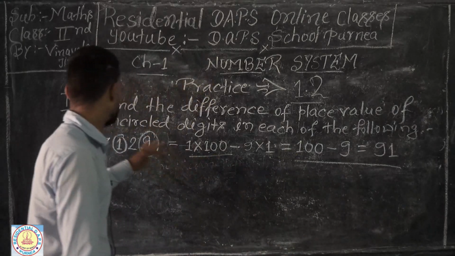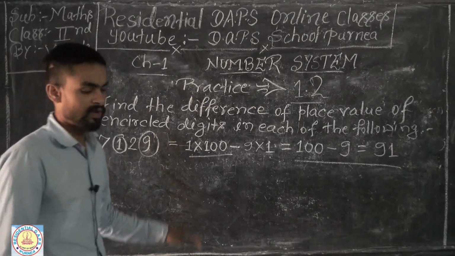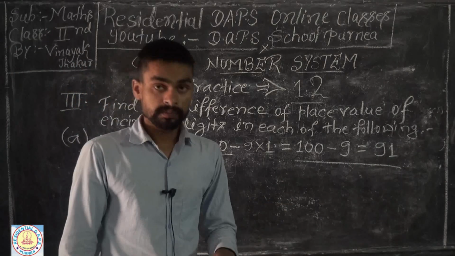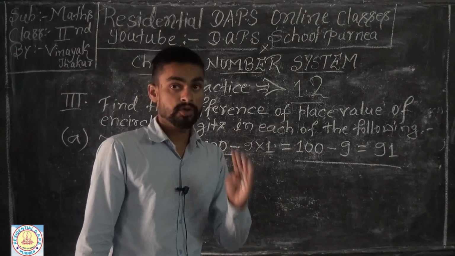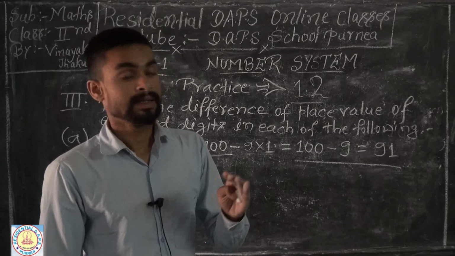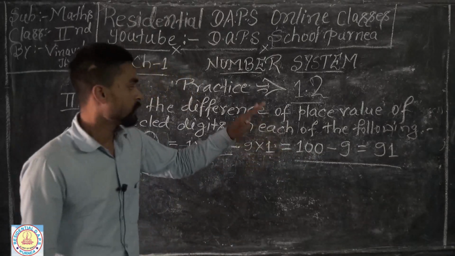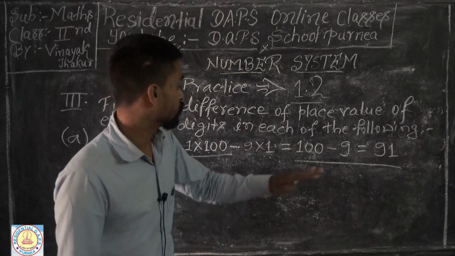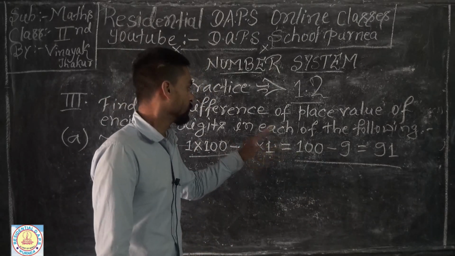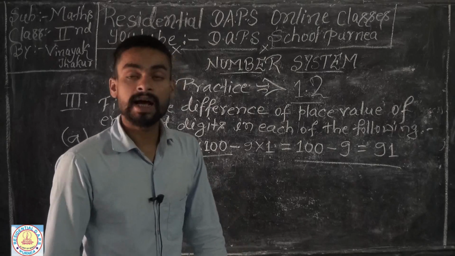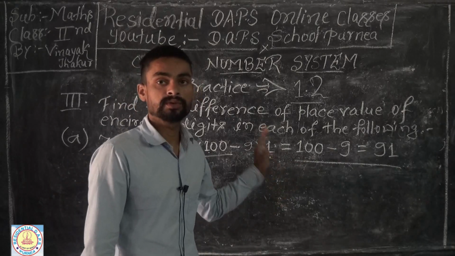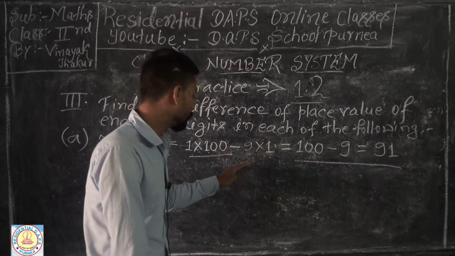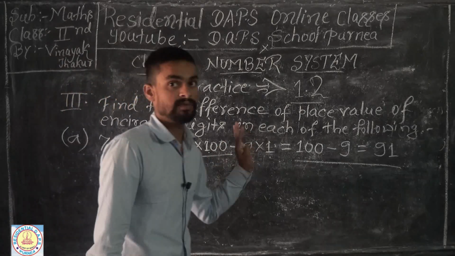So this is your question number 3. It is very similar to question number 2, but in question number 2 you have to go for the sum, and in question number 3 you have to go for the difference of that number.